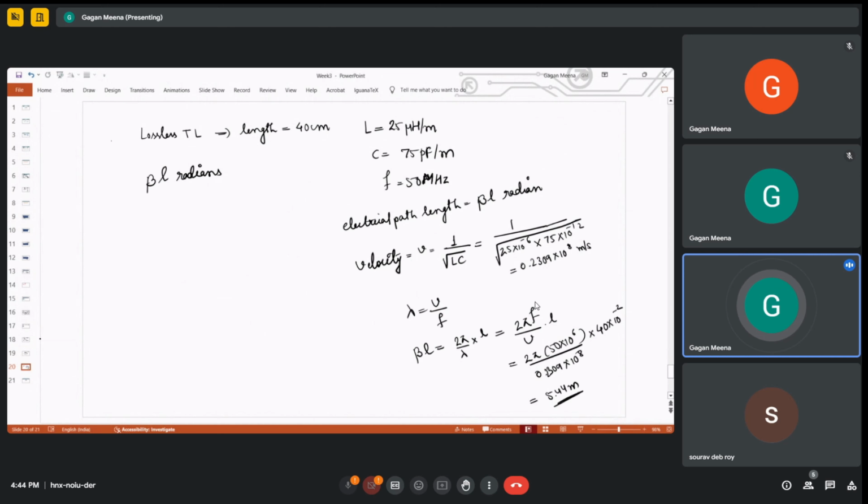Again, you can summarize: this is equal to 2 pi by lambda into L, and lambda we know is v by f, so it is 2 pi f into L by v, and we also know that v is 1 by root LC, so it is 2 pi f L root LC.